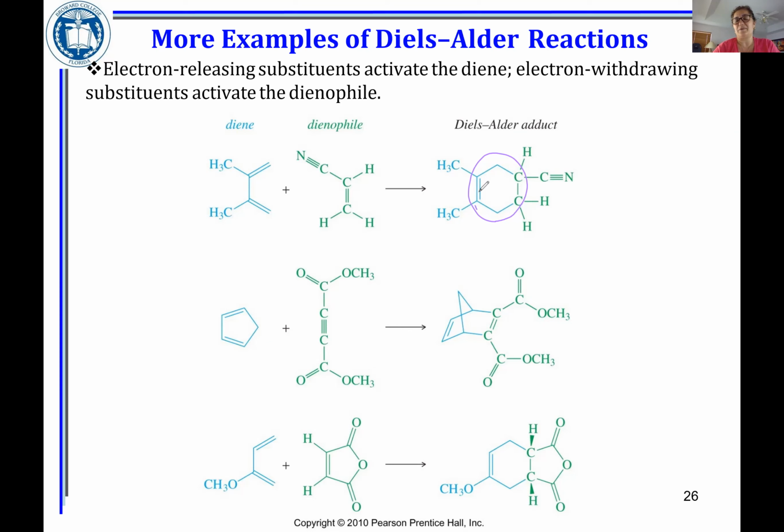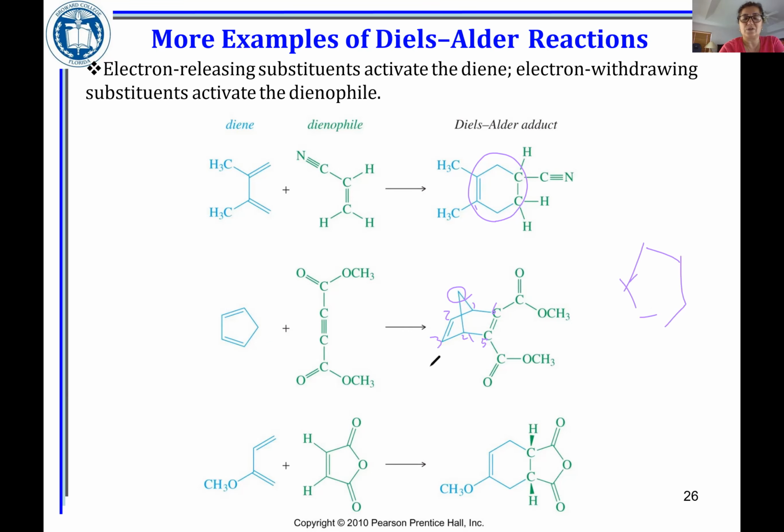Or if you have no 6-member ring. Here's the 6-member ring: you have 1, 2, 3, 4, 5, and 6. So you do have the 6-member ring, even though it doesn't show like a standard 6-member ring. You have an additional ring here, which makes it bicyclic, but that's okay, and you have at least one pi bond.